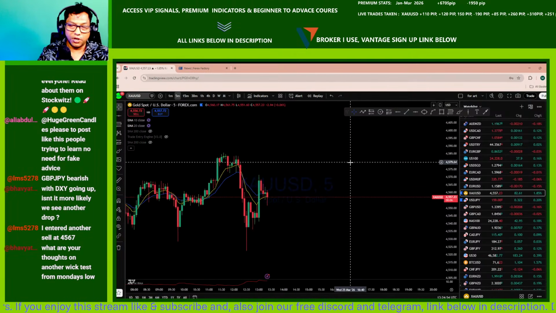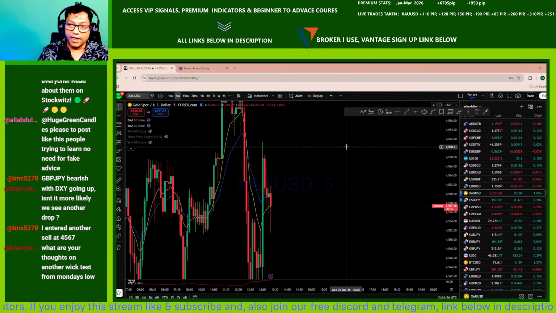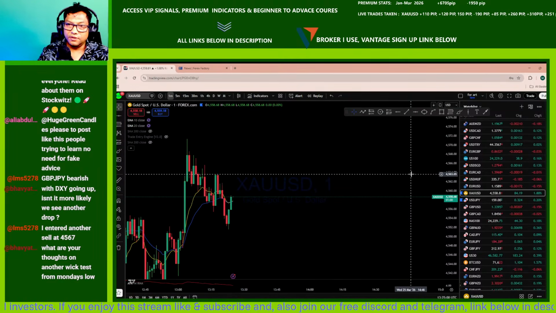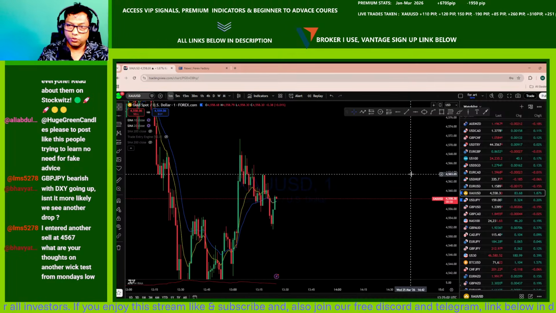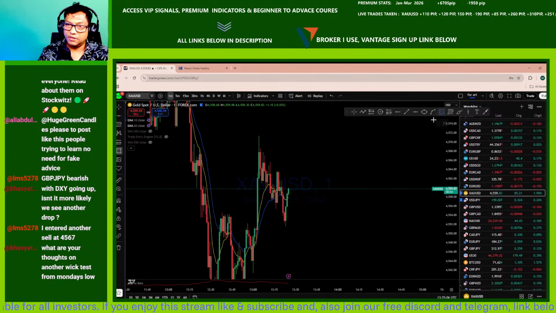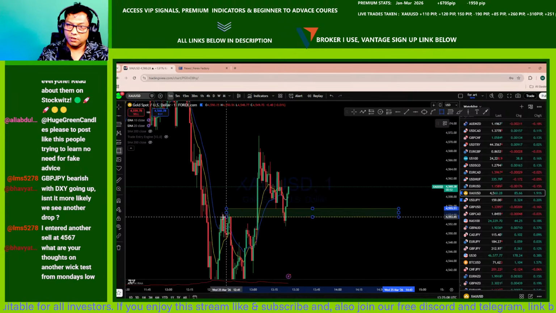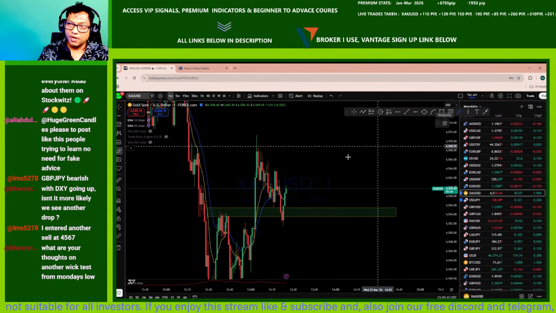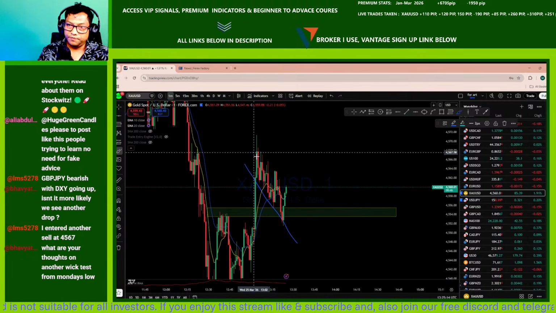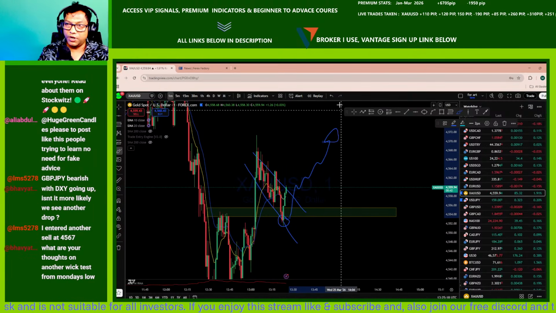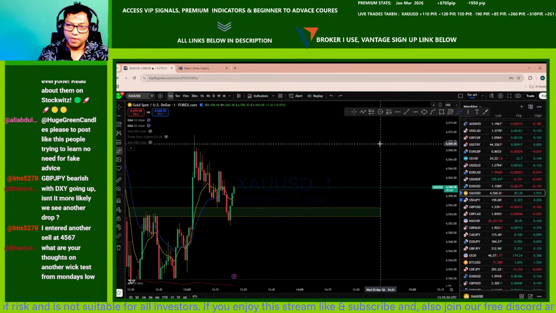Previously we entered quite a few positions, and now we are looking at this level for the market to give us a possible entry. I think this is a flag pattern in that area, and that flag pattern has broken back below. We can expect it to break above here.